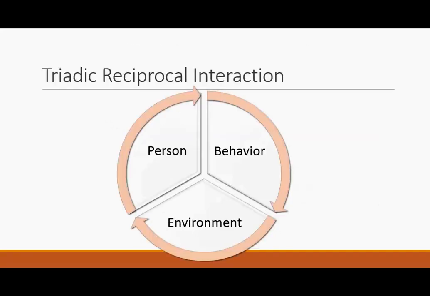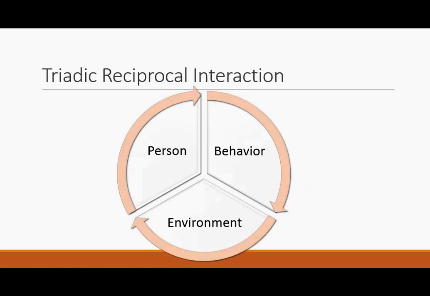Okay, so this is the triadic reciprocal interaction. It's a very simple concept. The person affects the behavior, which affects the environment, and the environment thus comes back and affects the person again. Where does it start? It doesn't really matter. The environment affects the person, and so forth.